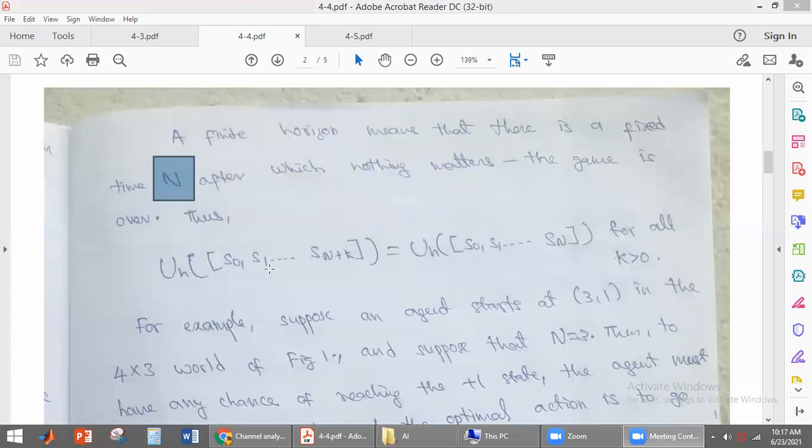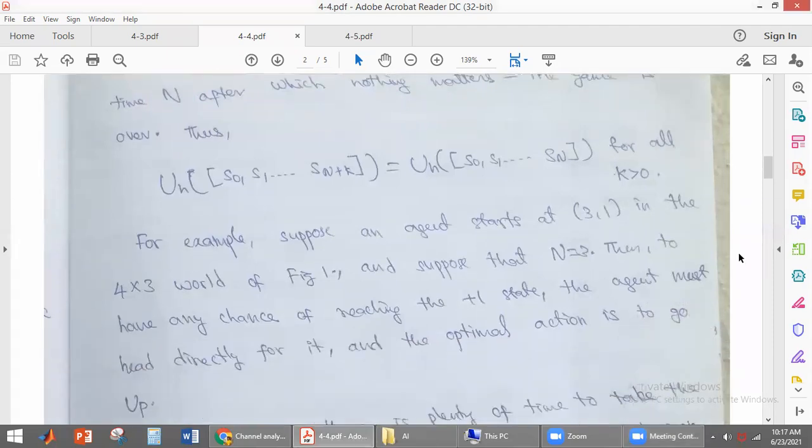See here: the history S0, S1, up to S(n+k), where k is greater than 0, has a utility that will always equal the utility of the history considering n steps only, because this is finite horizon. Here the n value is fixed.